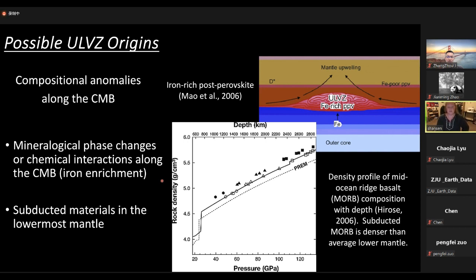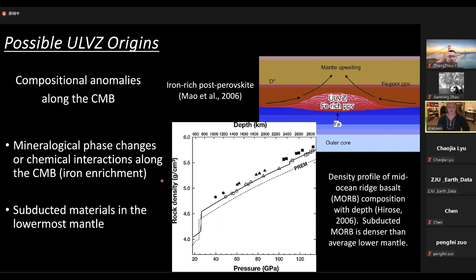For instance, we might have some sort of iron enrichment taking place in the deep mantle. That may occur due to chemical reactions between the silicate mantle and the iron-rich outer core, which could lead to iron-enriched material along the core-mantle boundary.